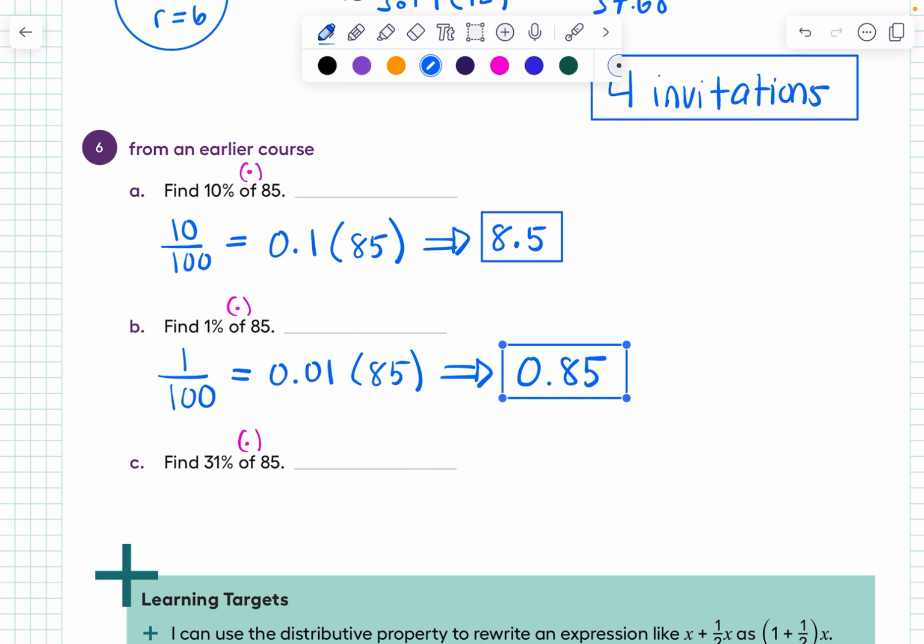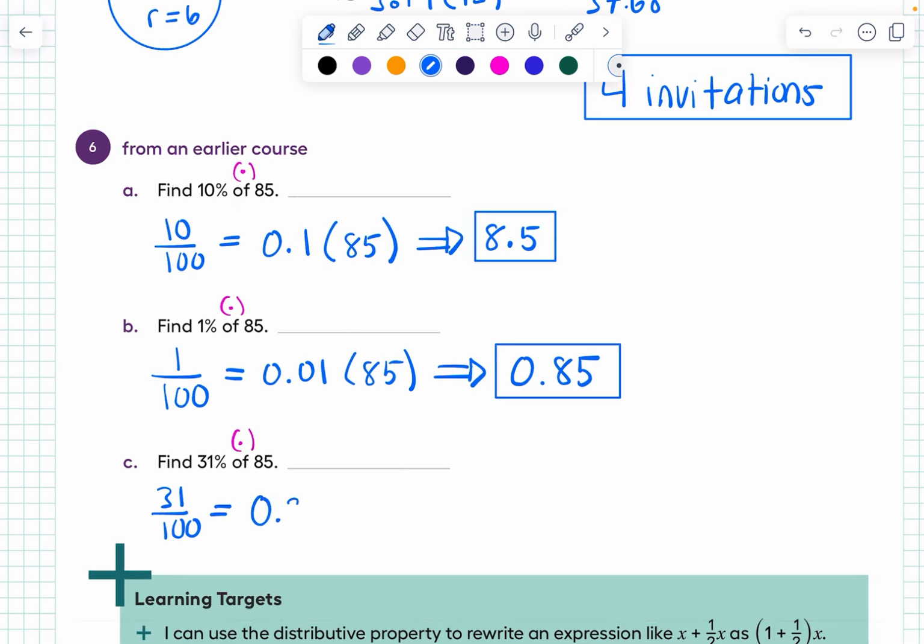And the last one, I'm going to do 31 divided by 100 to get the decimal version. 31 divided by 100 would be 0.31. Of means to multiply, so we have 0.31 times 85, and we would get 26.35.